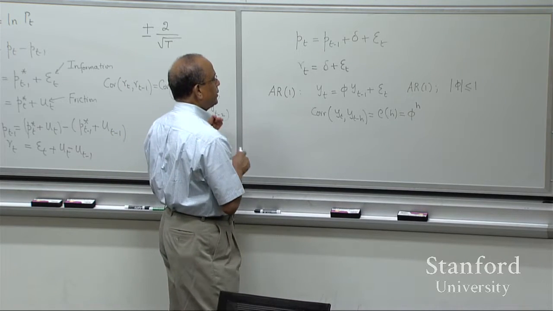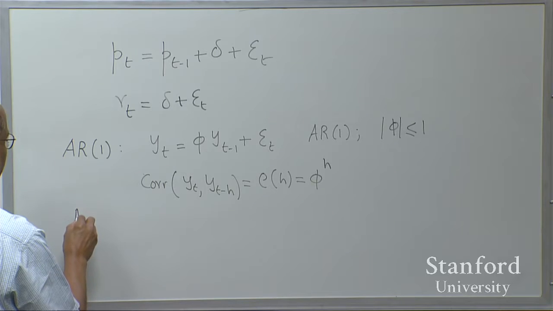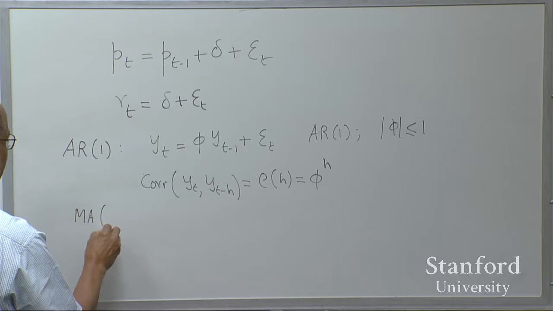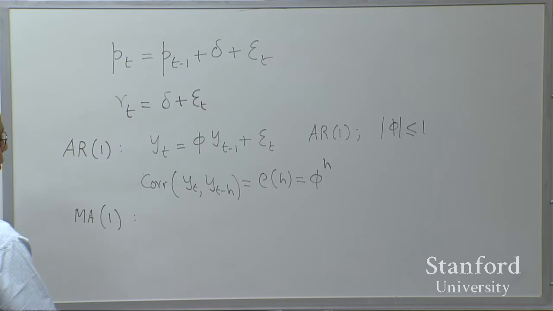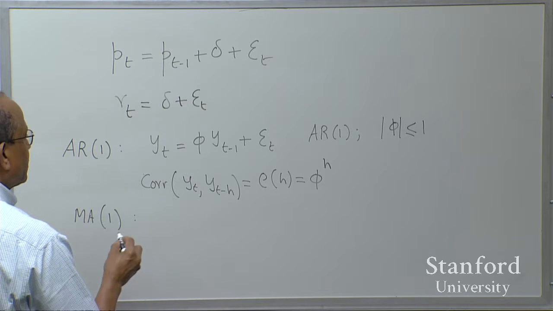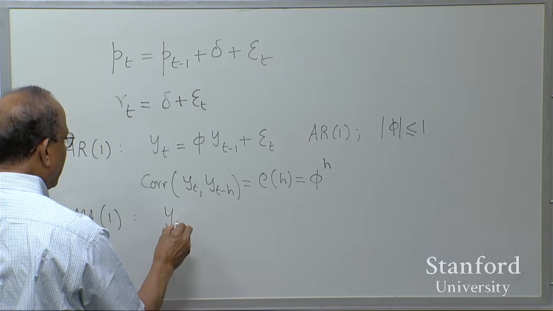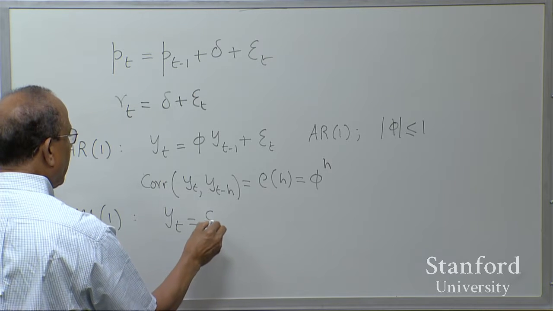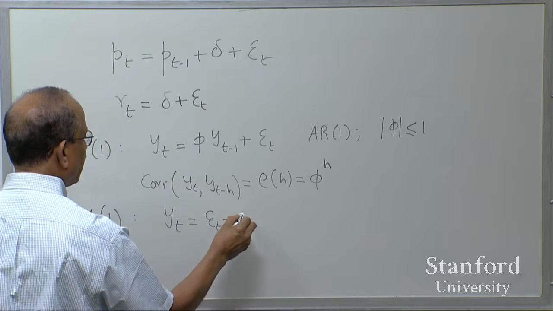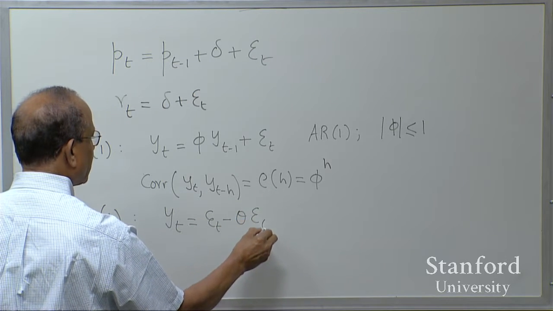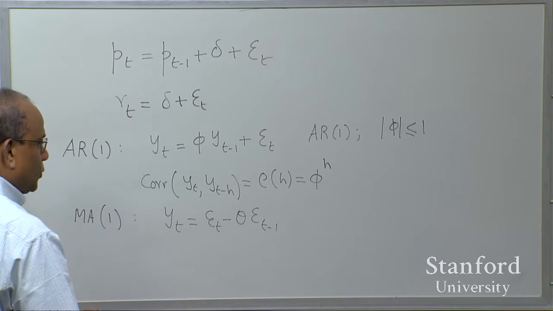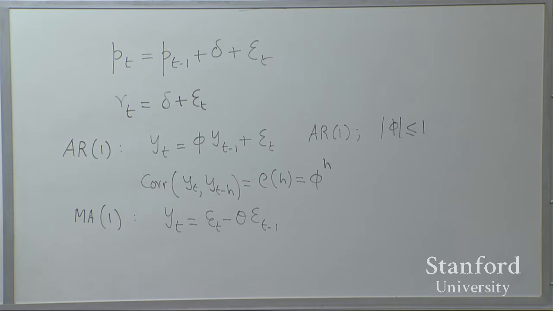The other model that you should know here is the moving average model. What exactly is the moving average model is that yt is equal to epsilon t minus theta times epsilon t minus 1. So that is a moving average model.